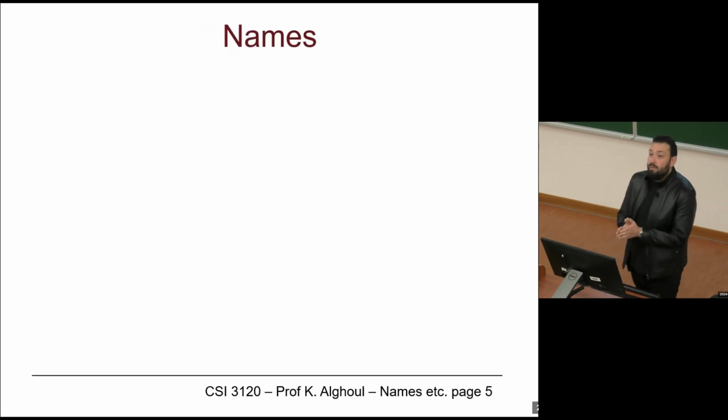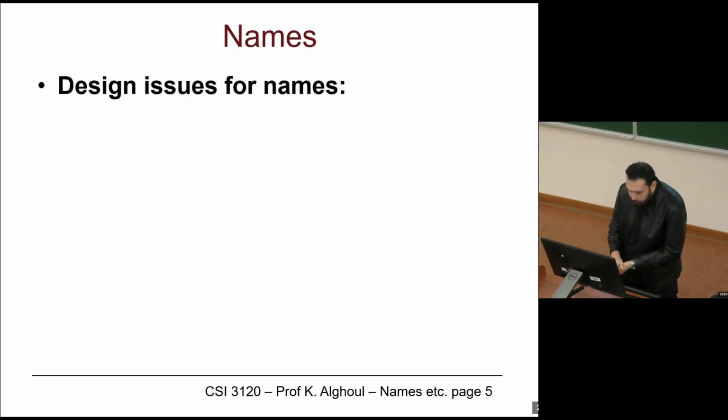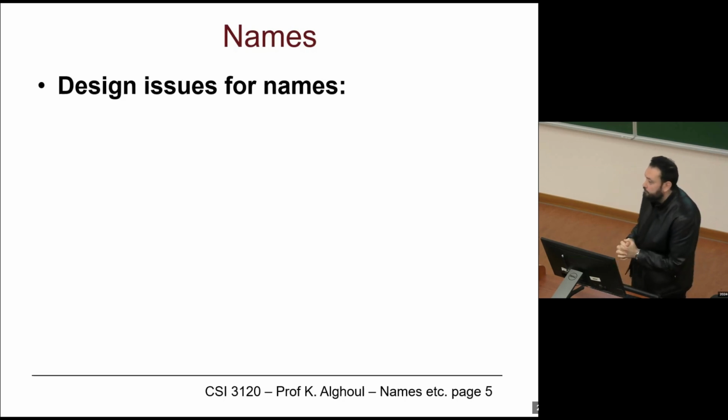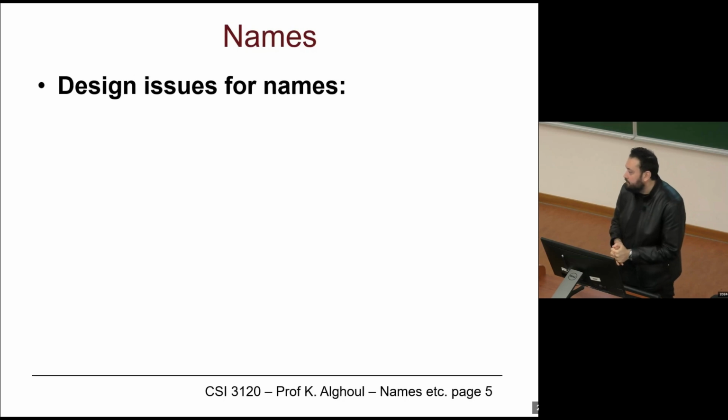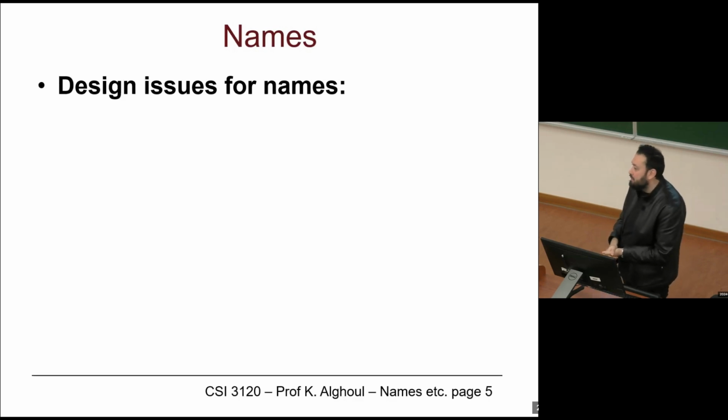Now let's start with the main thing about variables, the names. How can you think about design issues when it comes to a name for a variable? Philippe: Having the same exact name for two variables. What else?